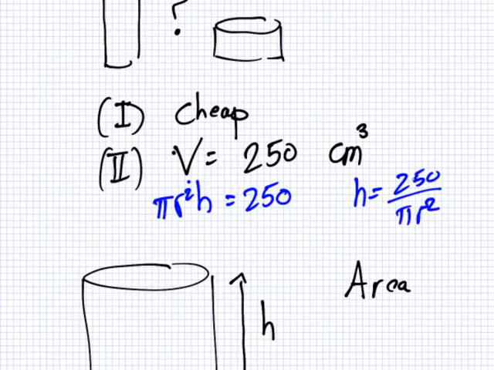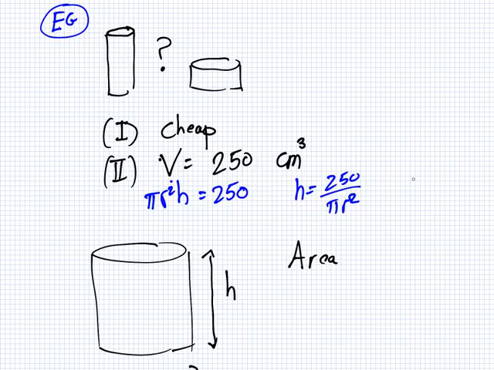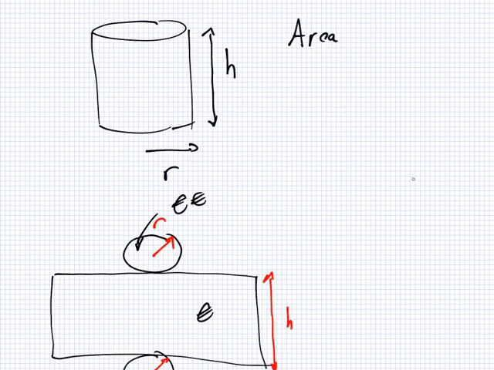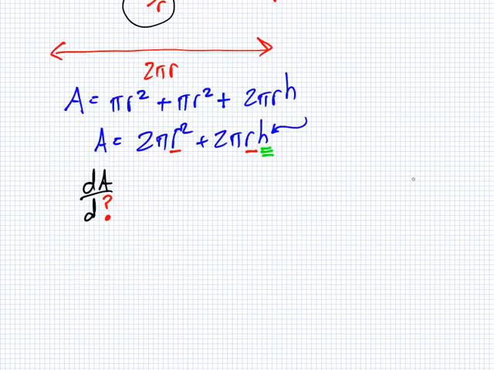Okay, I'll just give you a minute to catch up. So if you need to write this part down, and then we can go back down. Right, so it's 250 over pi R squared.